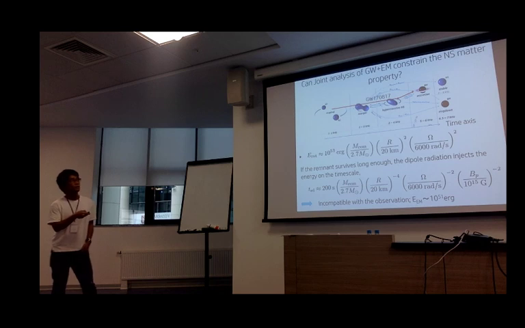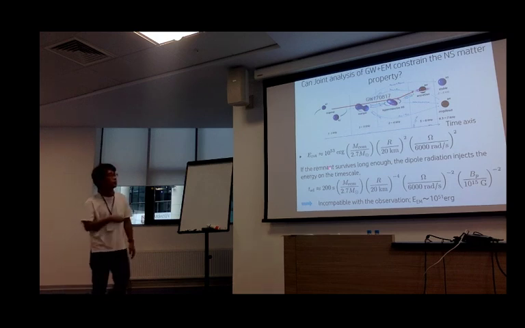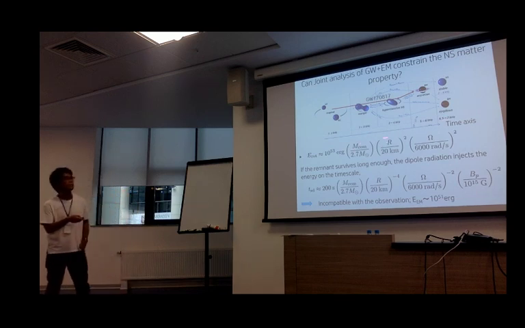The remnant rotational energy of the hypermassive neutron star is almost 10 to the 53 ergs with typical binary parameters, typical remnant parameters.